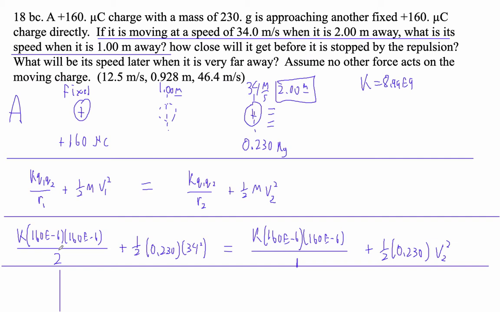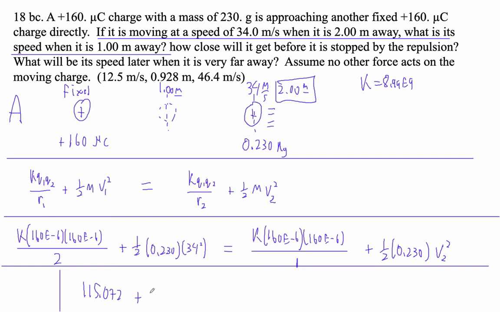It's going to be K, I stored that value in the letter K, times 160 E minus 6 times 160 E minus 6 over 2. So this is 115.072 joules. That's this term here.